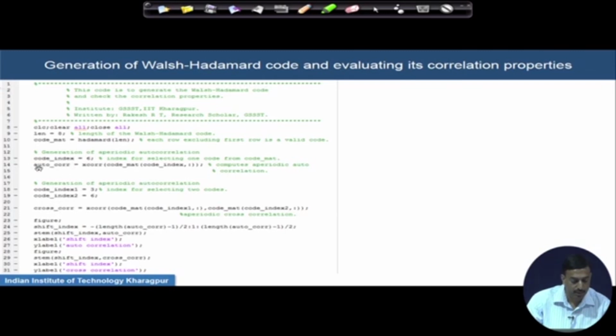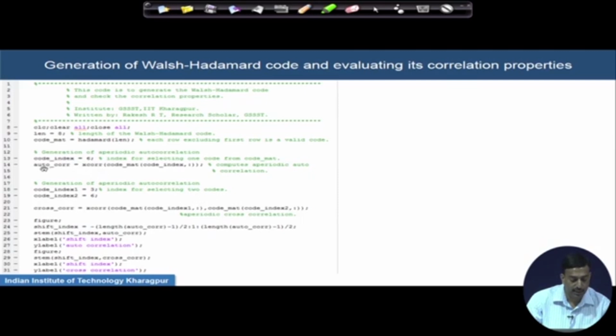So in line number 14 we see that we use another inbuilt MATLAB function which plots the correlation of its argument. If there is only one argument given, then it will plot the autocorrelation, and when we have two arguments, then it will plot the cross correlation between the two.